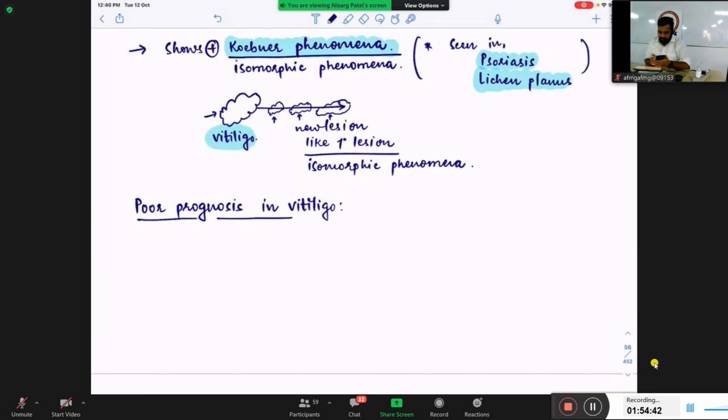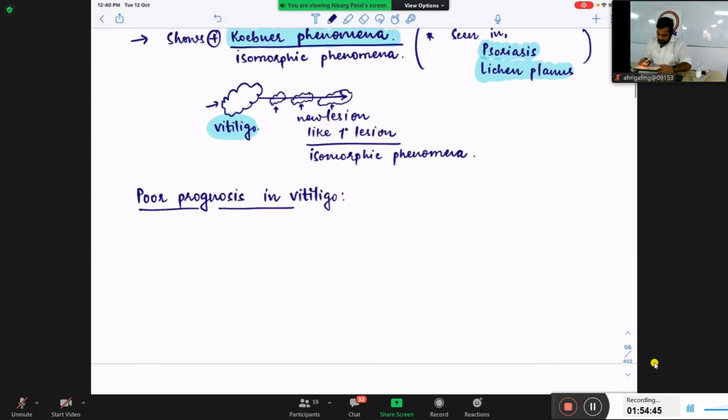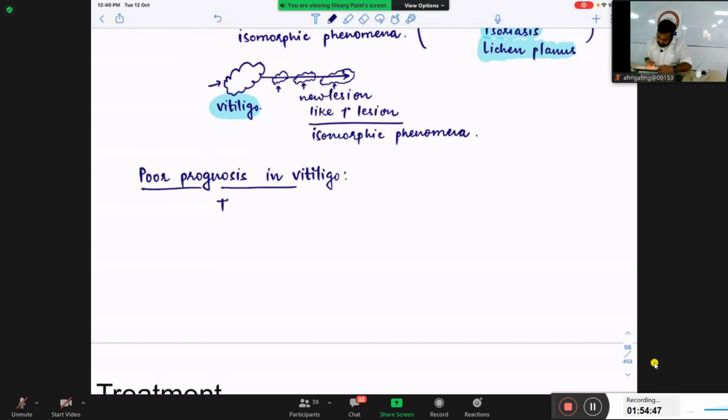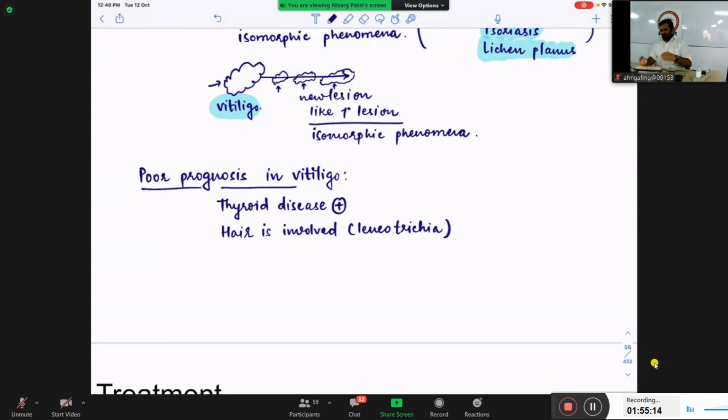If the person has a thyroid disease also, if the thyroid disease is present, if hair is involved, which is known as leukotrichia. Hair involvement is known as leukotrichia.